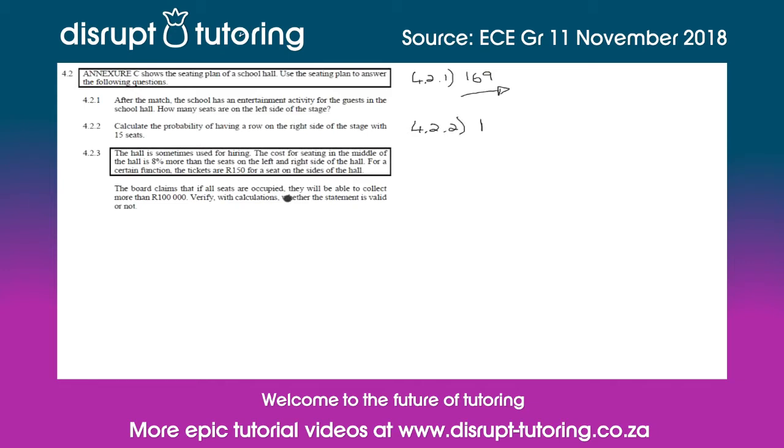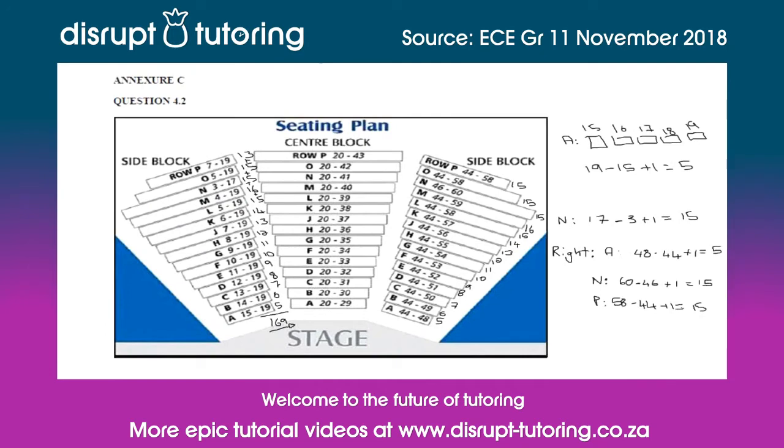So again, this is 4.2.2. So remember, probability will equal the number of 15 seats rows divided by the total amount of rows. If we go here, we know that the total amount is 1, 2, 3, 4, 5, 6, 7, 8, 9, 10, 11, 12, 13, 14, 15.